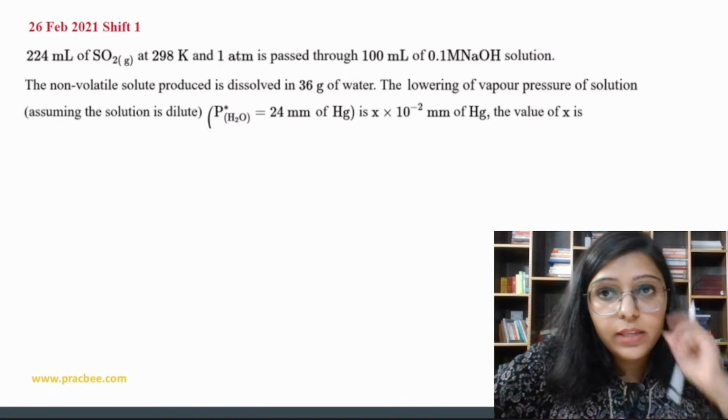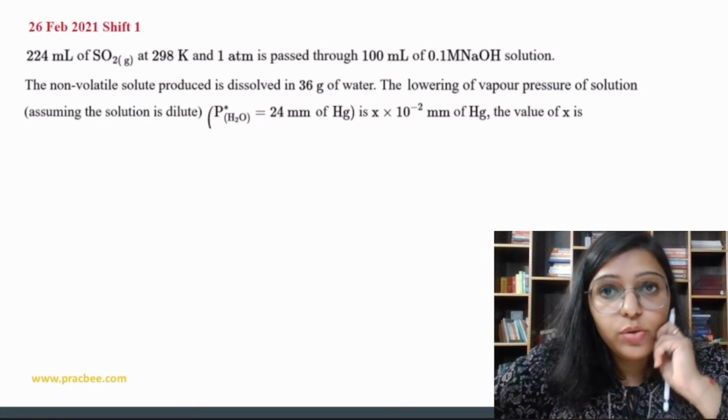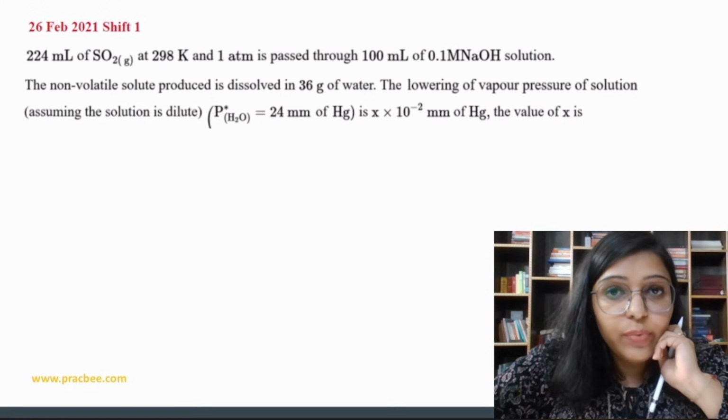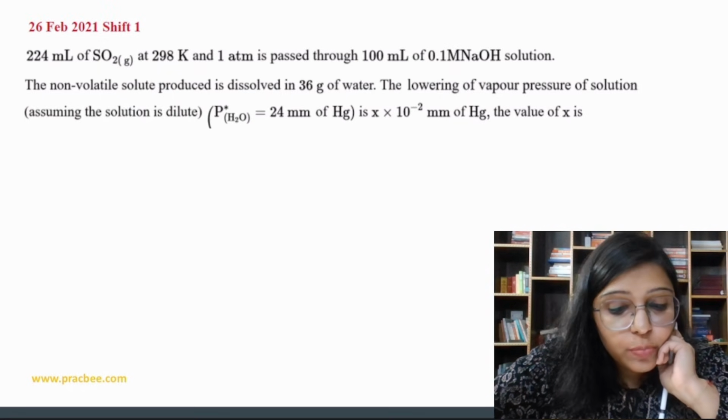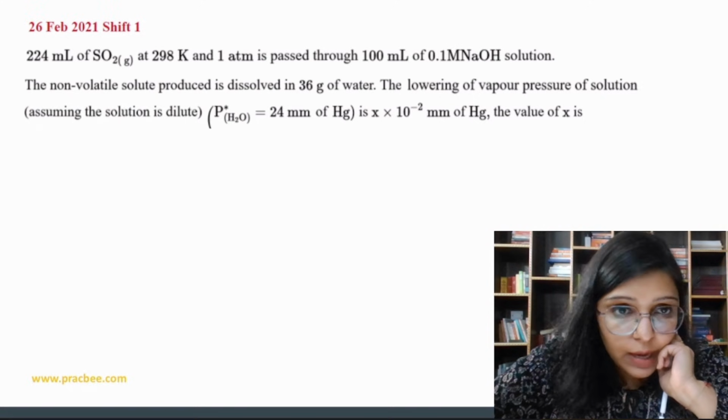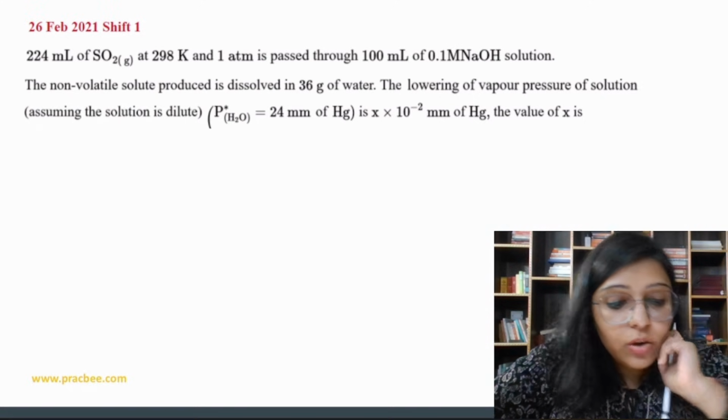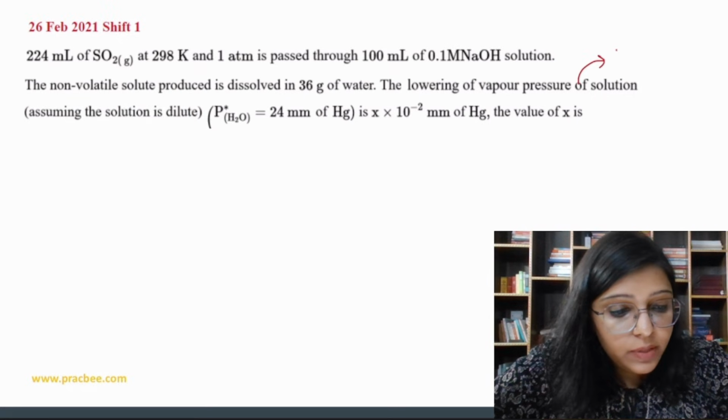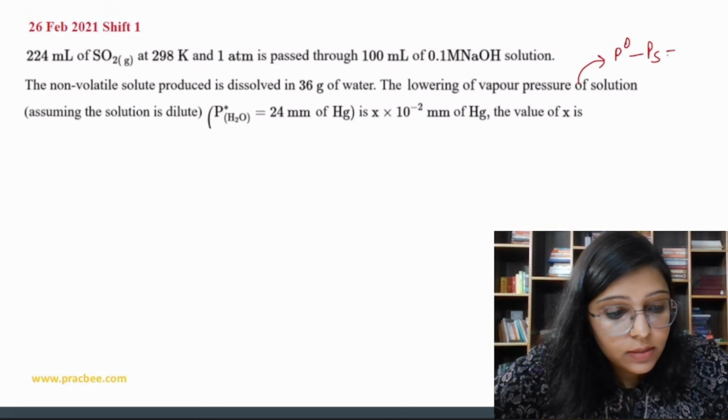Question 1 says 2.4 ml of SO2 at 298 Kelvin and 1 atm is passed through 100 ml of 0.1 molar NaOH solution. The non-volatile solute produced is dissolved in 36 gram of water. So the lowering of vapor pressure of solution is, it means we have to find P naught minus PS.